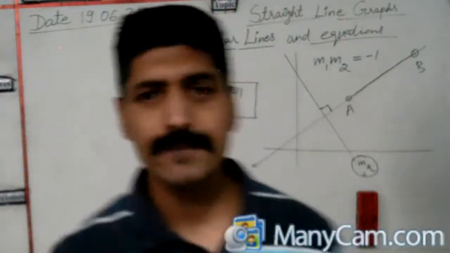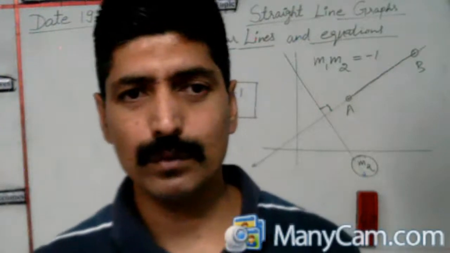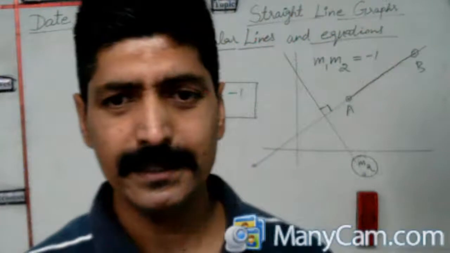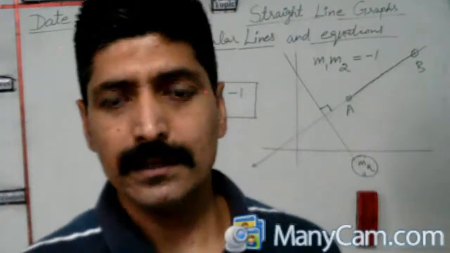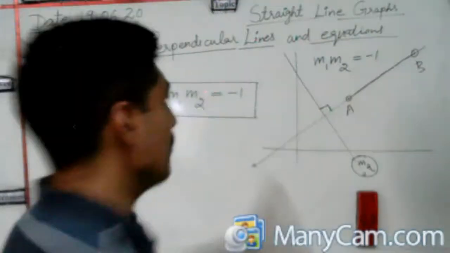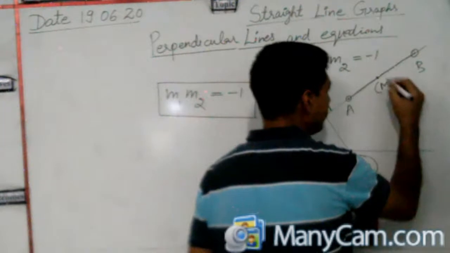So we have 2-3 topics and 1 or 2 exercises based on the length of the line segment. Then the midpoint formula: if a line segment is given, how to find its midpoint.